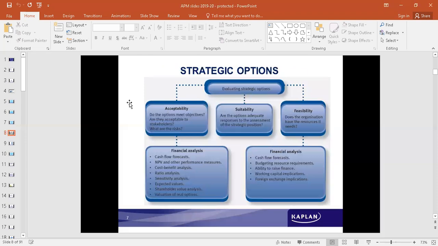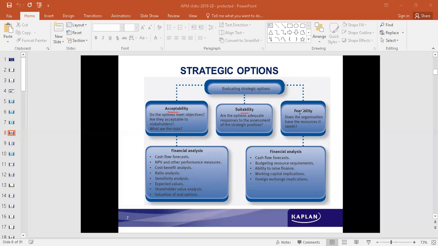The strategic options that are present for them would be: see whether the strategic plan that is prepared is acceptable to all the stakeholders. Is it suitable to the basic purpose of the organization? Whatever plan they have prepared, whether it is suitable, it goes along with the purpose and mission of the organization.